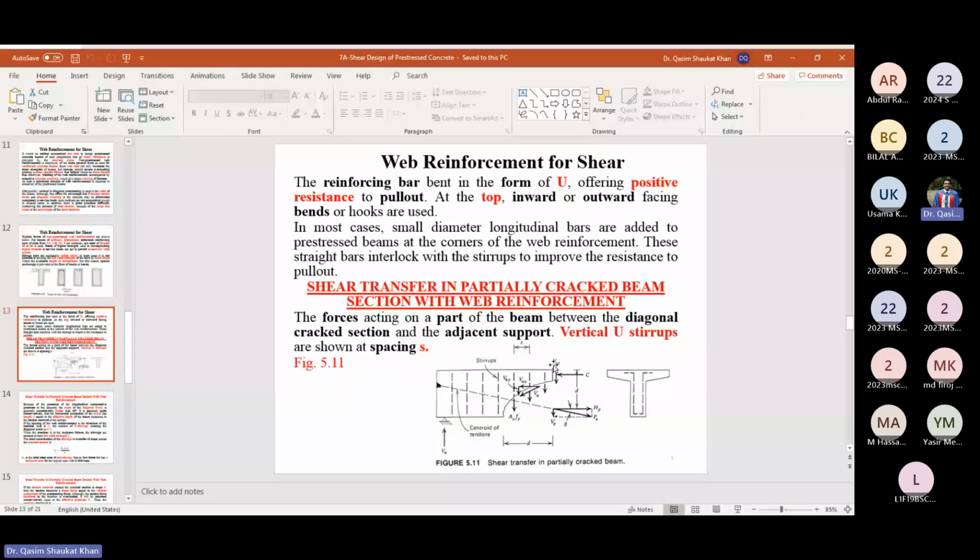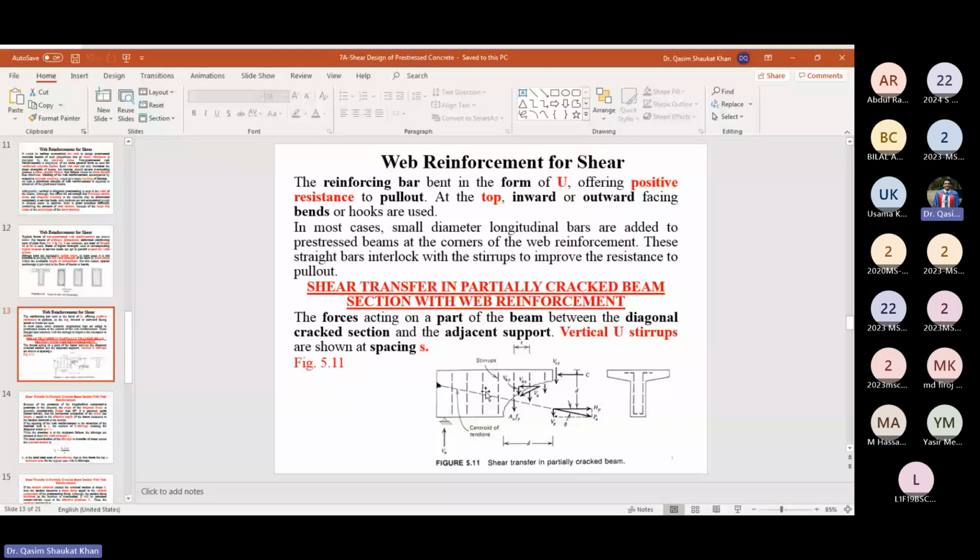So this is a simply supported beam. These are the shear stirrups, which are provided at a spacing S.